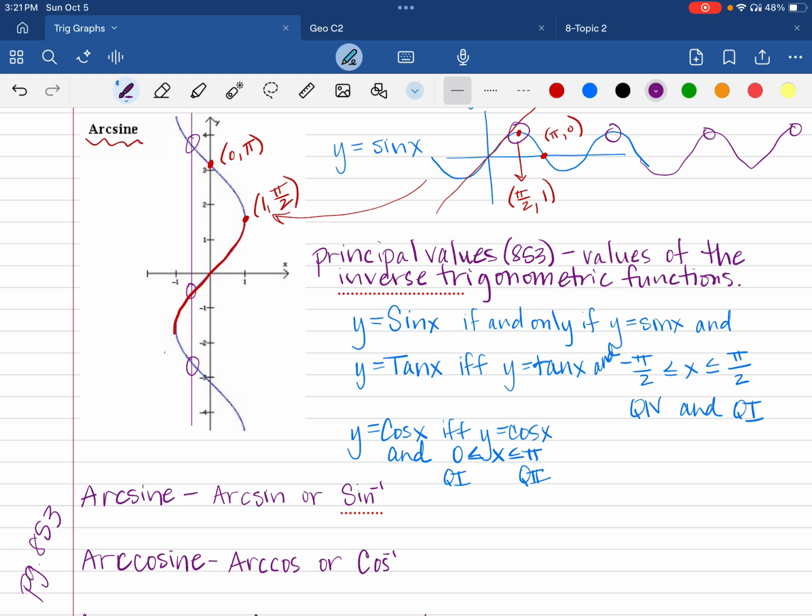Arc cosine is harder for me to draw. So 0 to pi is going to be like this, and pi over 2.